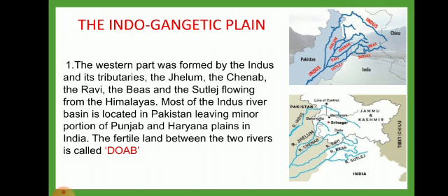Most of the Indus River basin is located in Pakistan, leaving a minor portion of Punjab and Haryana plain in India. The fertile plain between two rivers is called Doab.